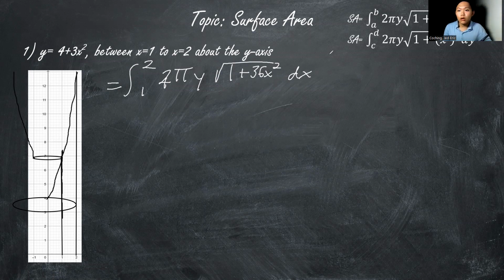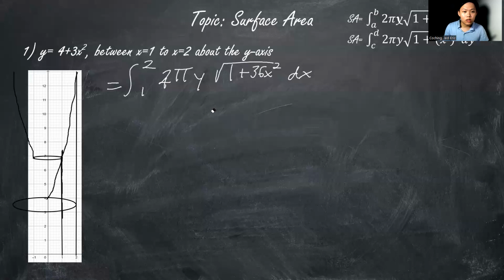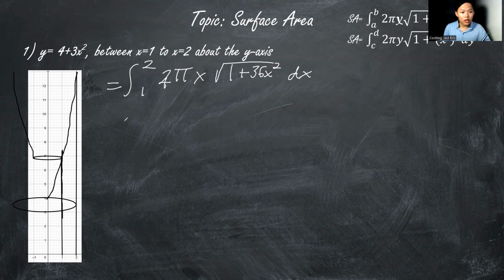So instead of this 2 pi y, this is 2 pi x. So I just mistyped that. So let's erase this. So this is 2 pi x. Okay. So now we can integrate this.